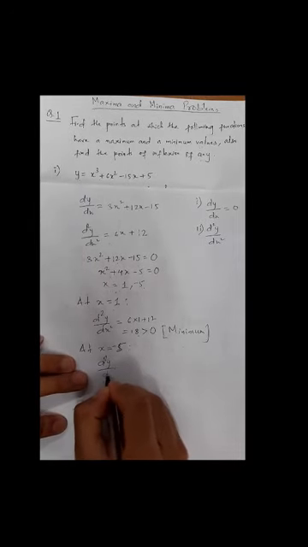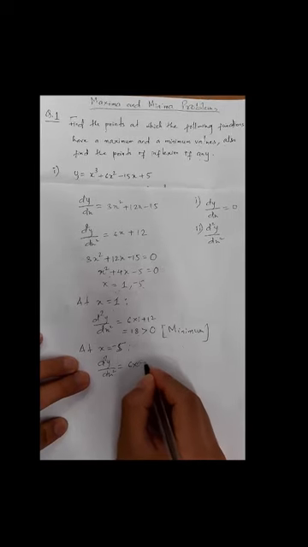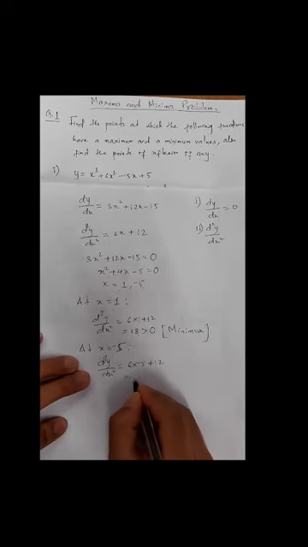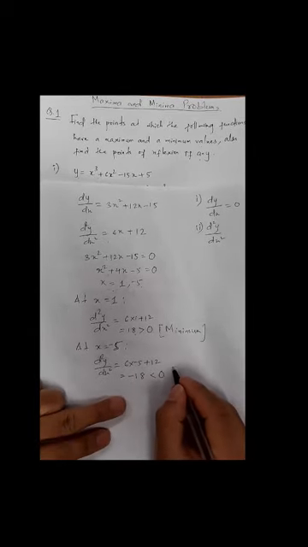So it's going to be 6 times negative 5 plus 12. So you're going to get negative 18, which is less than 0, meaning at this point your turning point is going to be maximum.